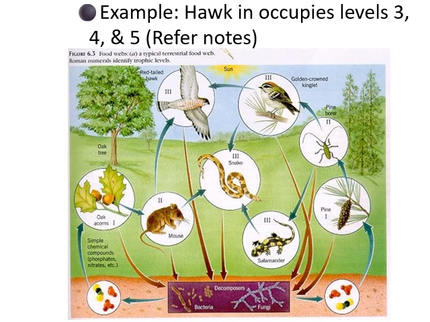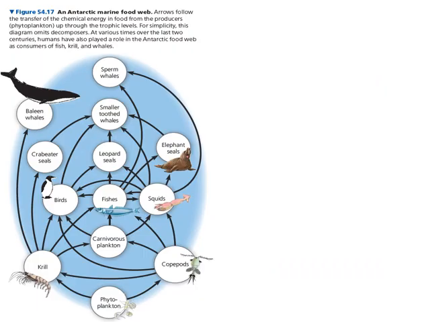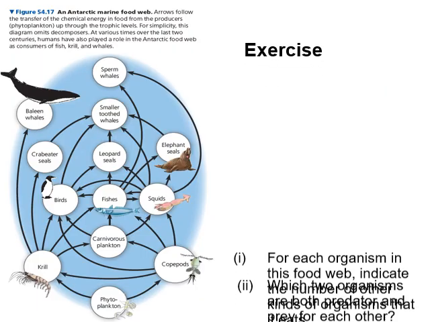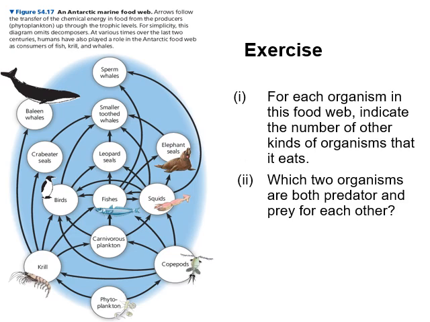Okay, so have a look at this figure and see where the hawk occupies trophic level 3, 4 and 5. Okay, so a little bit of exercise. There's a marine food web given here.